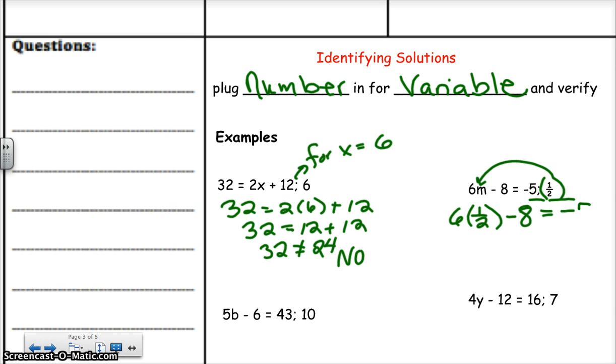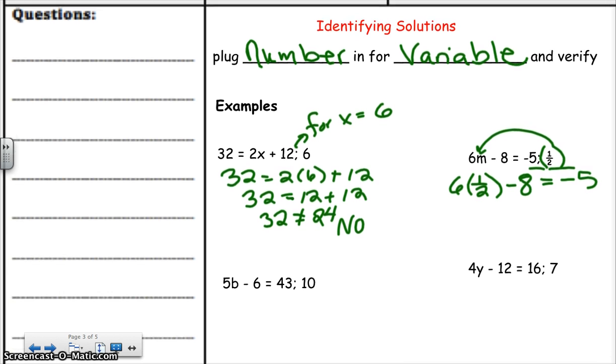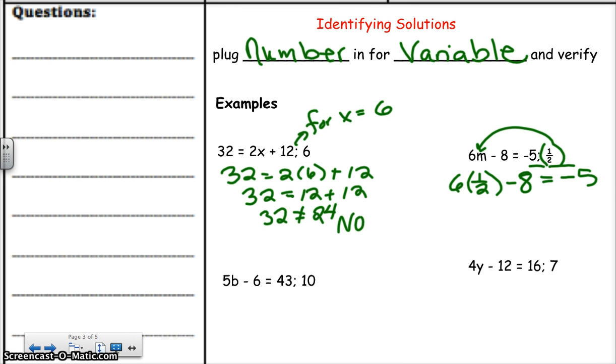Does that equal negative 5? Remembering my vocab for fraction and multiplication makes my life much easier. I say half of 6. What's half of 6? 3. Does 3 minus 8 equal negative 5? Yes. Now look at me, I'm supporting my answer by just showing my work. Negative 5 equals negative 5. This is a solution. So yes, right?